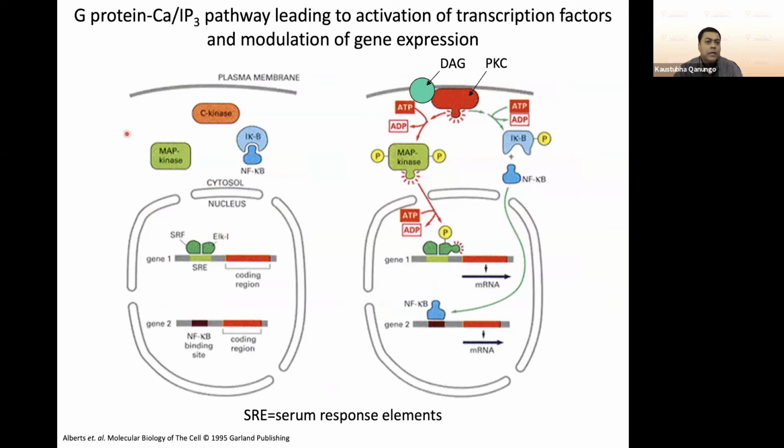All right, so here there are some of these which are a little bit needed, how this signaling is happening right here. One of those is the C kinase path, with the MAP kinase and I-kappa-B pathway. Once this DAG activates the protein kinase C, know that the MAP kinase will phosphorylate some of the transcription factors.